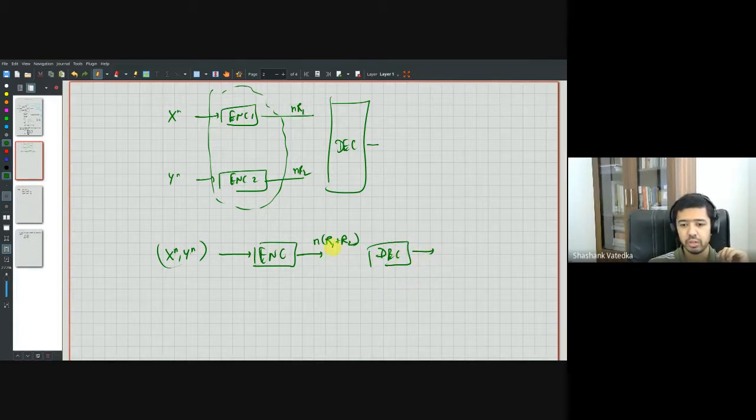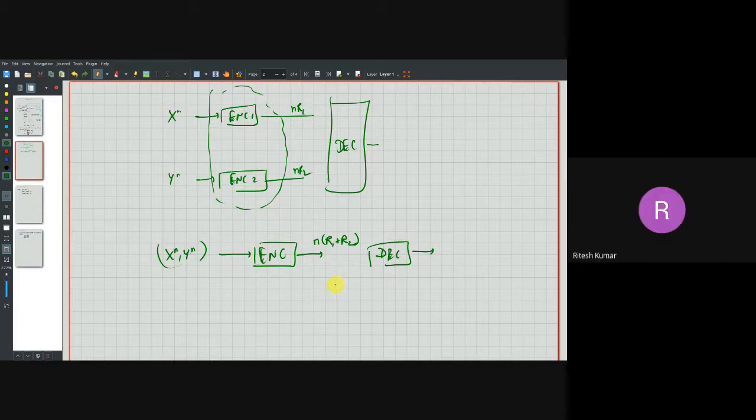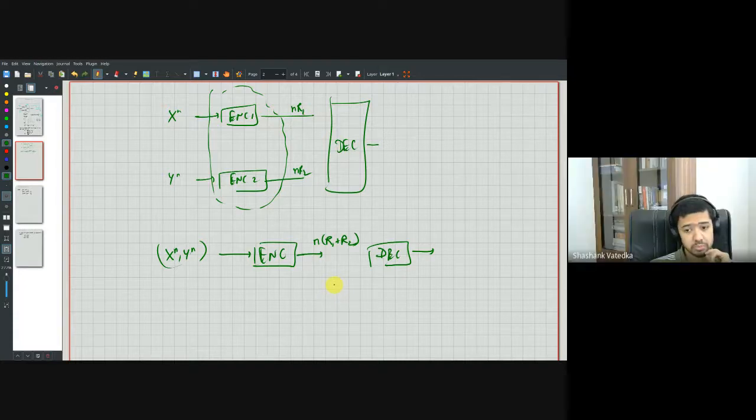So how small can n times (R1 plus R2) be? You know that xn and yn are correlated. So there's one encoder which observes both xn and yn and compresses it to give one code word of length n times (R1 plus R2).